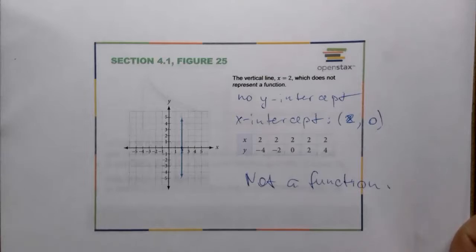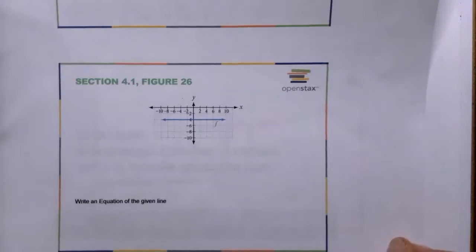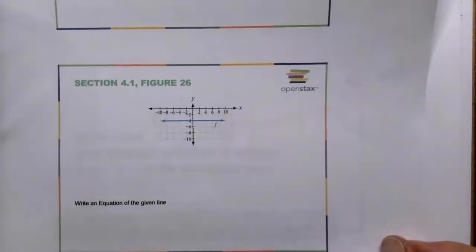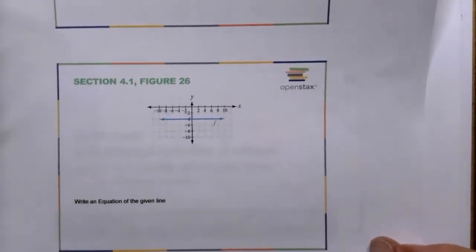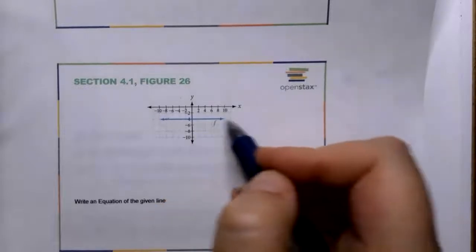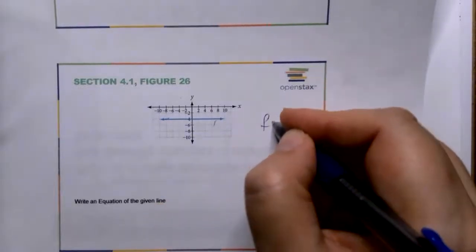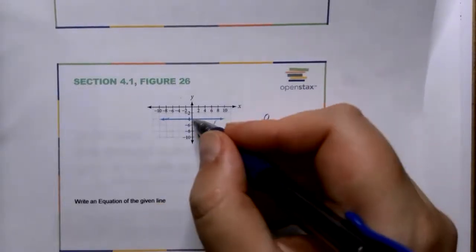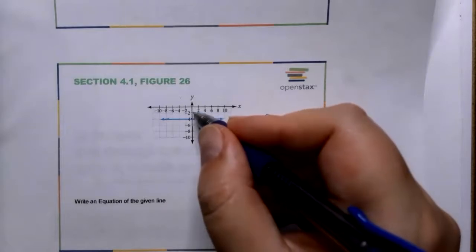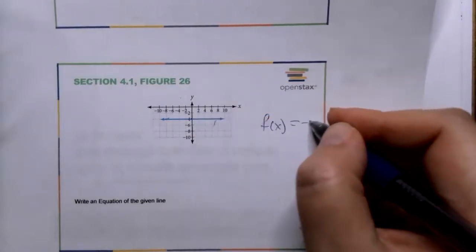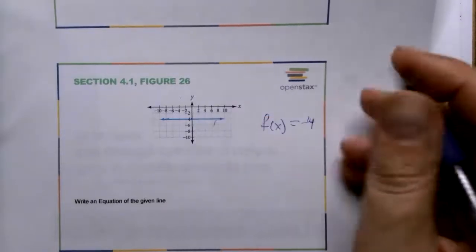All right. So if I asked you to write an equation for this function, for the horizontal line, you would tell me it's always whatever the y-intercept is, -4, right? It's a constant function.